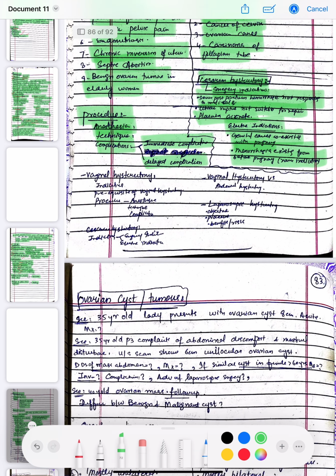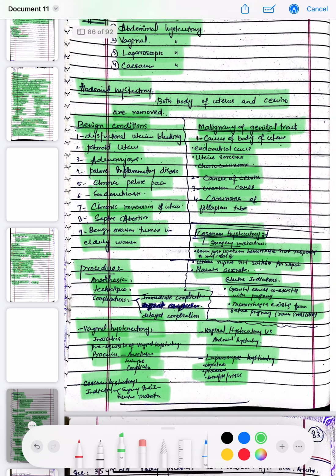Vaginal hysterectomy and laparoscopic hysterectomy are the other types of the hysterectomy. So the indications, the prerequisites, the procedure, anesthesia, the technique, and the complications are all the same as those of the abdominal hysterectomy.